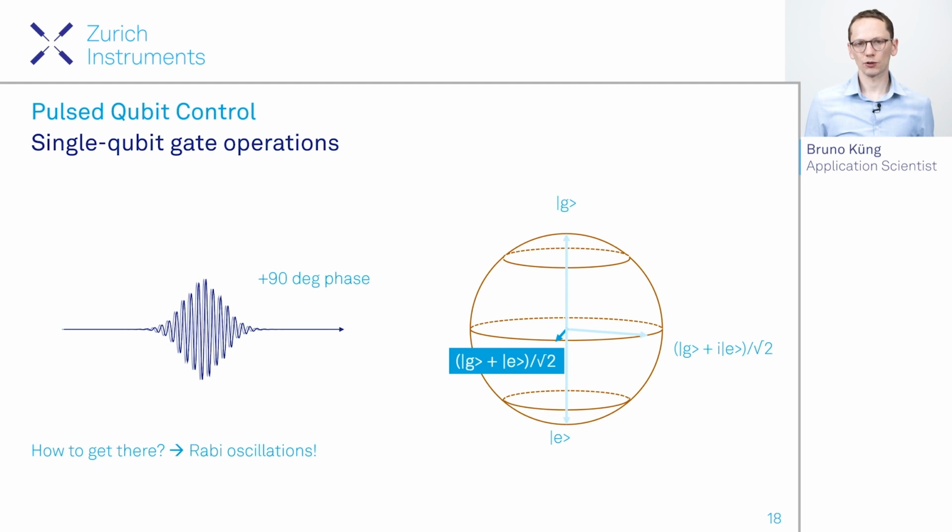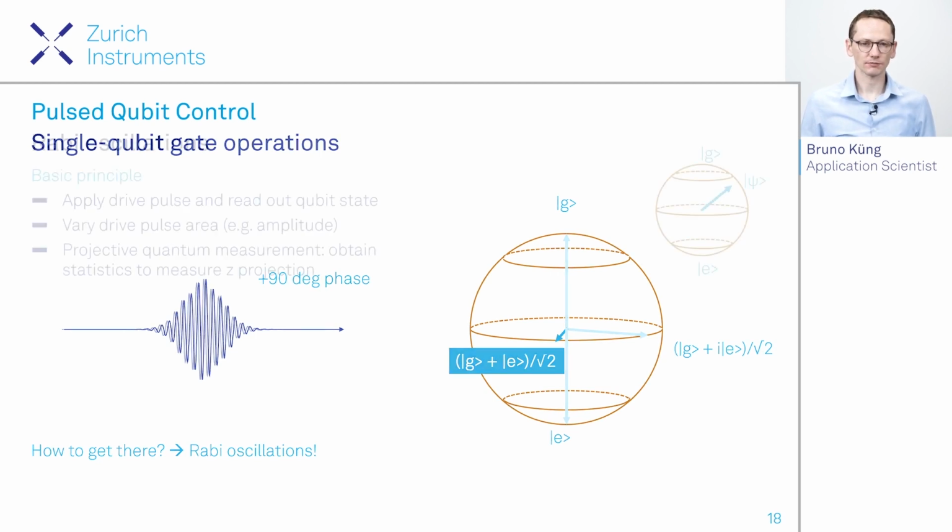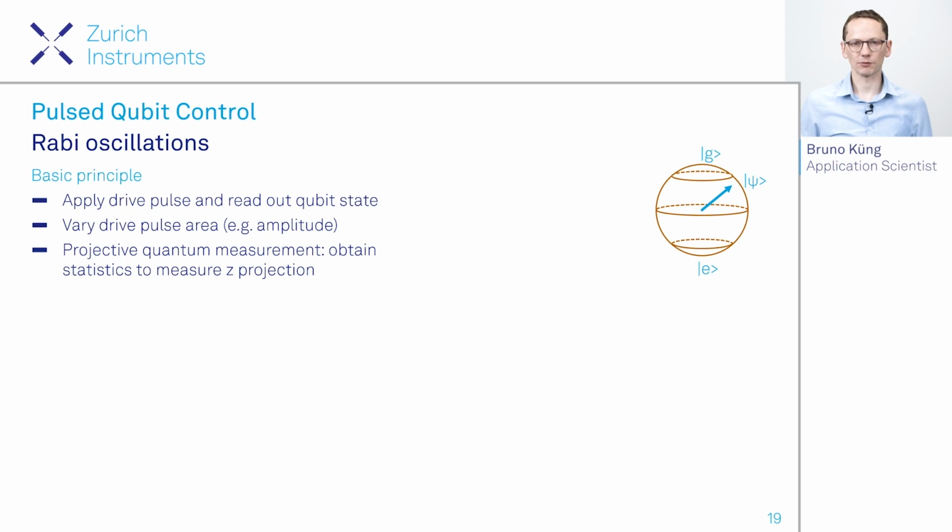Now, how to get to this point where we have dedicated pulses to move us around the Bloch sphere? The first step to that is our Rabi oscillations. And the basic principle of these measurements is that we apply a certain control pulse and immediately afterwards read out the qubit state.